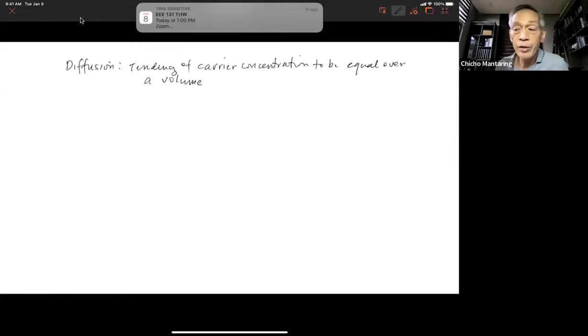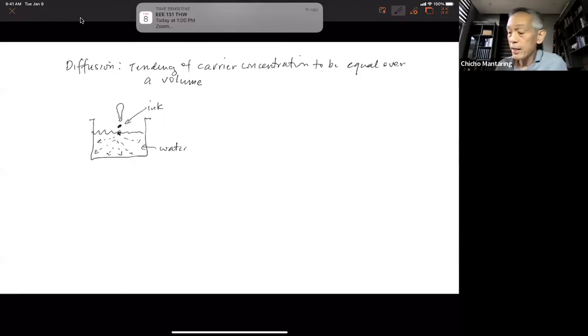And to illustrate diffusion, for example, if I have water, let's say this is water, I put a drop of ink. This is ink. What will happen, no? The ink will fall into the water, and then you're going to see the ink diffuse.